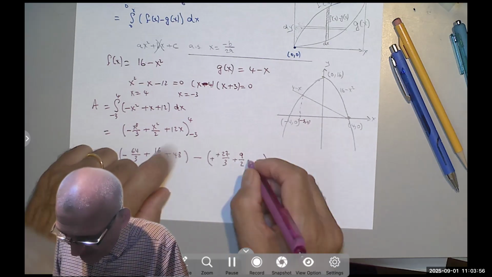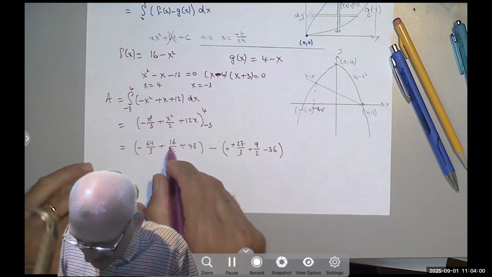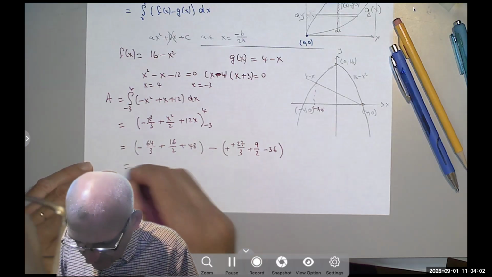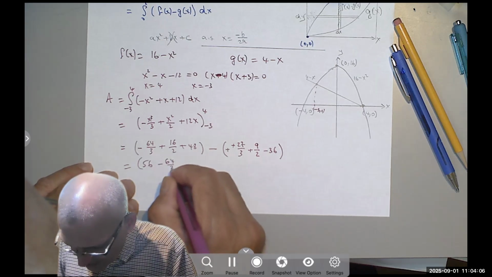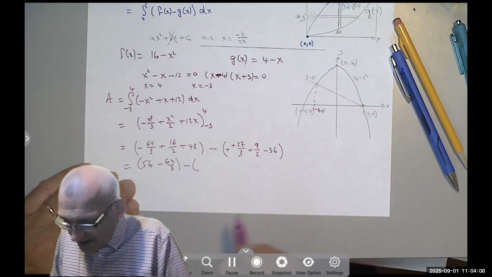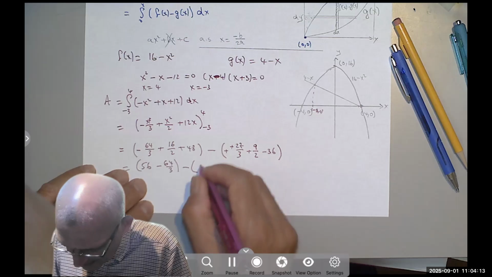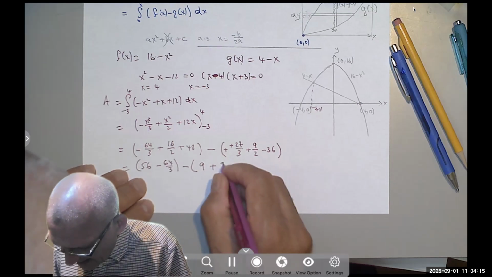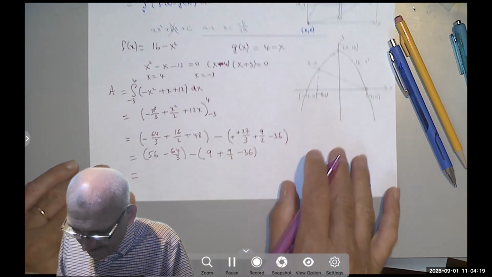And times negative 3 would make that negative 36. Then take it one step at a time. 8 and 48 is 56, minus 64 thirds, minus, here I have 9 halves, minus 36, equals.